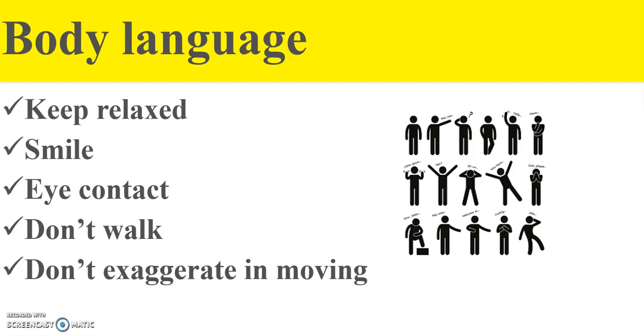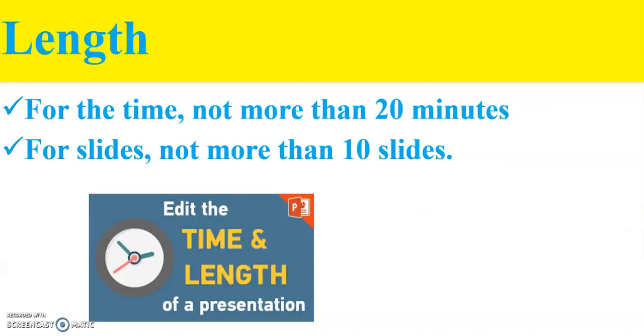So start to control your movings, the movings of your hands, of your legs, of your head. Try for your hands to be controlled as much as you can. So you don't have to wave every time. You don't have to put your hands inside your pockets, and so on. So try to control your signs or your body language.